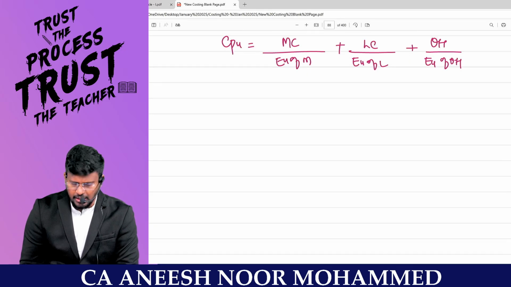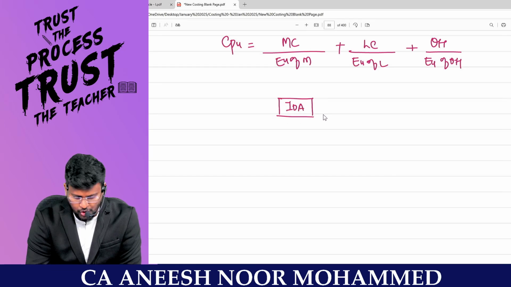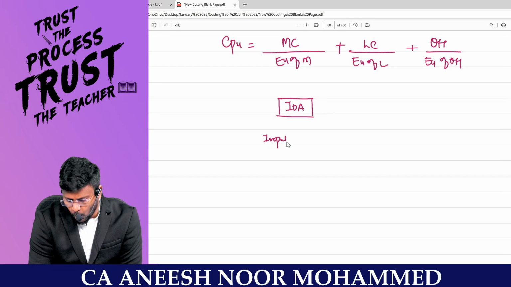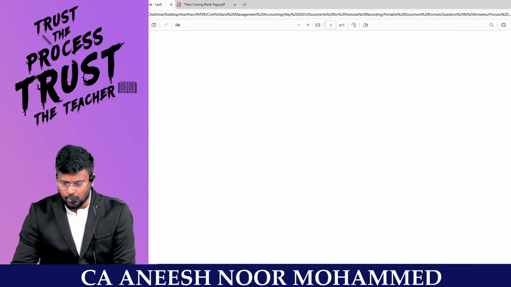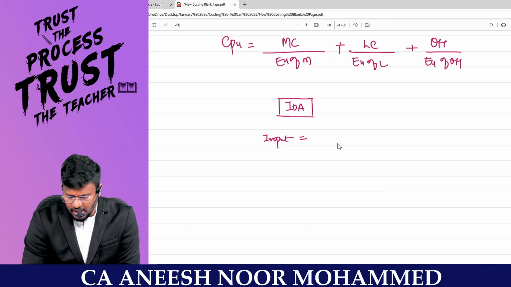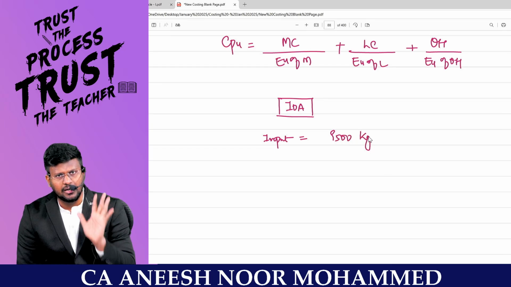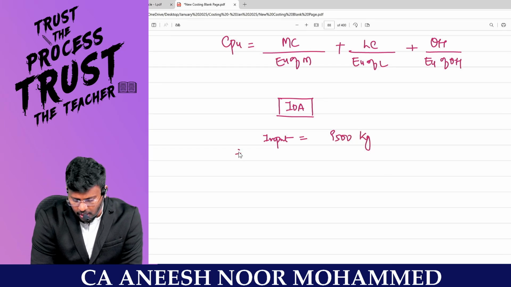So if you see the input output analysis of this question, the total input is equal to the opening WIP of 9500 kg. So totally 9500 kg was there as opening stock.